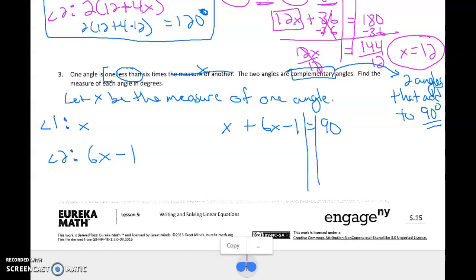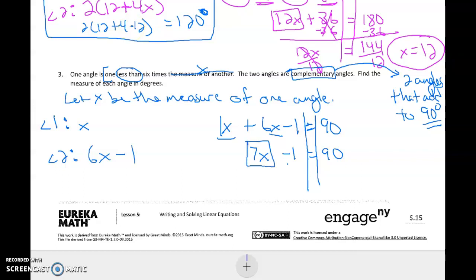Simplify each side. If I look at the 90, there's nothing to simplify, but I have 1x here and 6x here. That's 7x minus 1 equals 90. All right, notice we have a two-step equation here. So I'm solving for 7x.